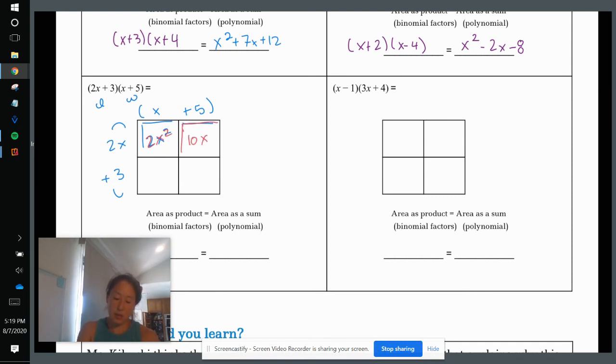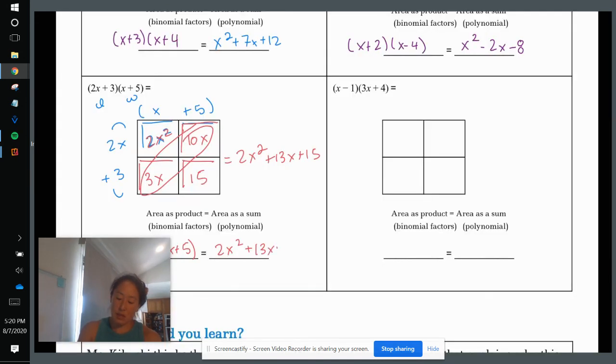We multiply the coefficients. X times 3 is 3x. And 3 times 5 is 15, giving us 2x squared, combine your like terms, plus 13x plus 15. So as a product, we write 2x plus 3 times x plus 5, and as a sum, we write 2x squared plus 13x plus 15.